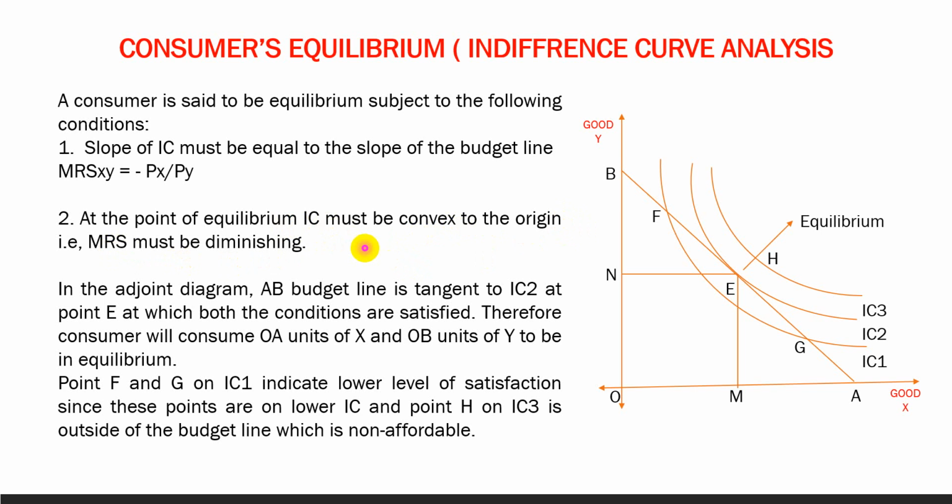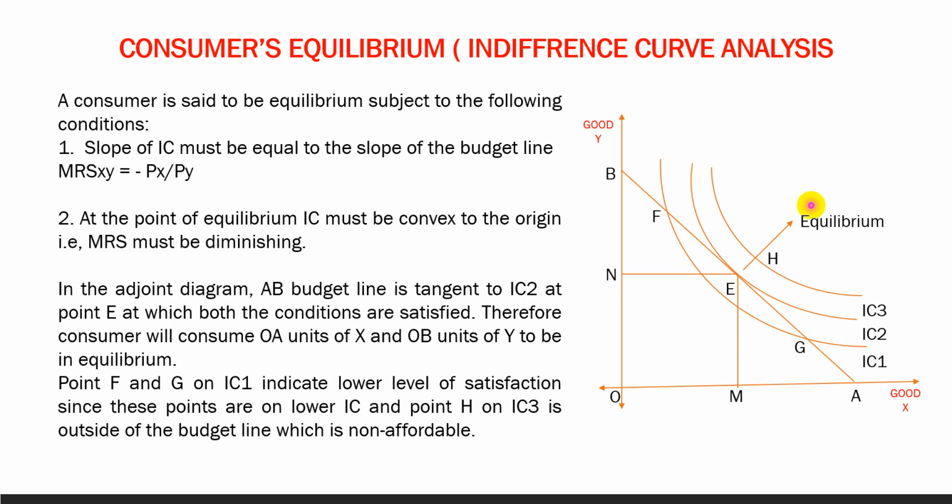Now let us see the consumer equilibrium in the adjoining diagram. AB is the budget line, and there are three indifference curves, IC1, IC2, IC3. At point E, we find that both the conditions are met, that is, the slope of the budget line and the slope of the indifference curve are equal at this point.